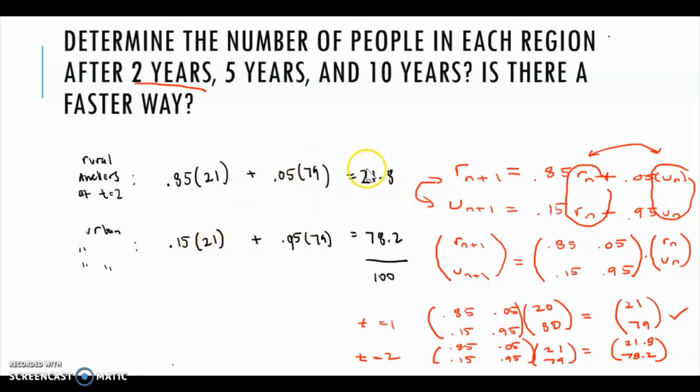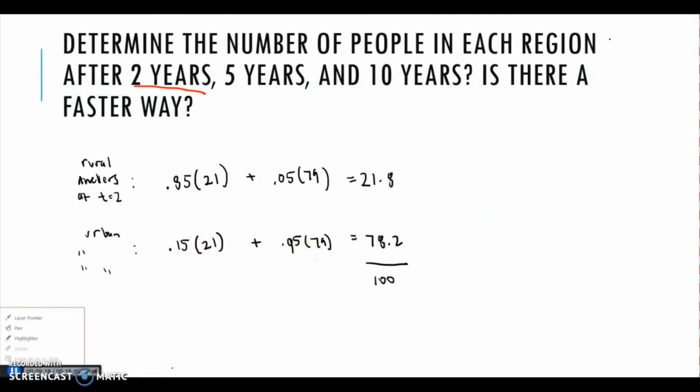And this is the Rn plus 1. That's the number of people living in the rural setting 1 year after t, 1 year after t equals 1. And this is the U sub n plus 1, the number of urban dwellers after 1 year. So there is actually a better way to do this, and that's going to involve working with matrices. So let's go ahead and develop that next.